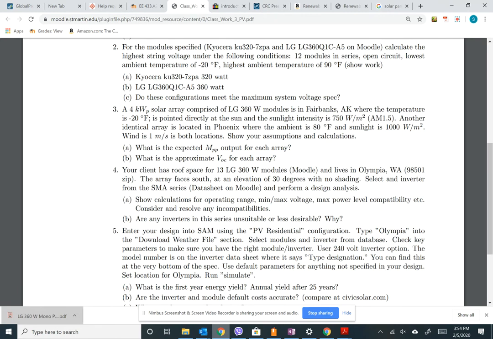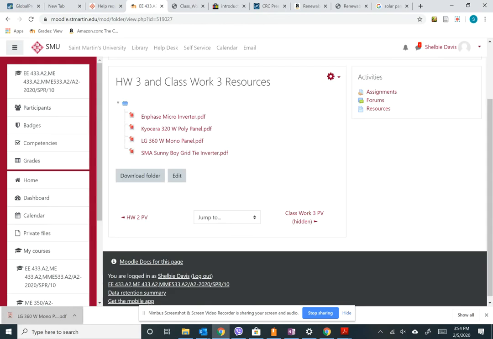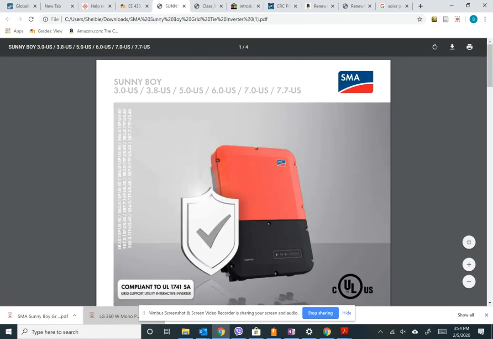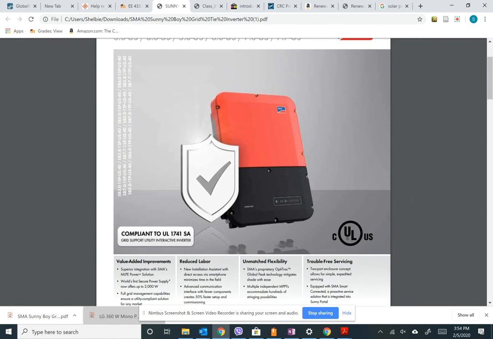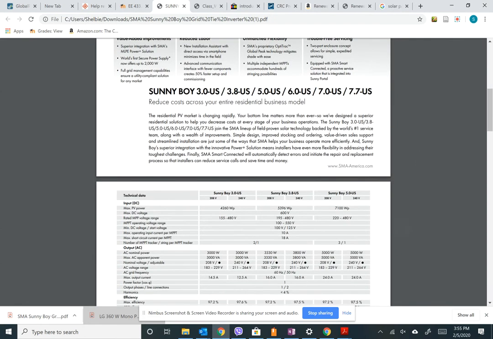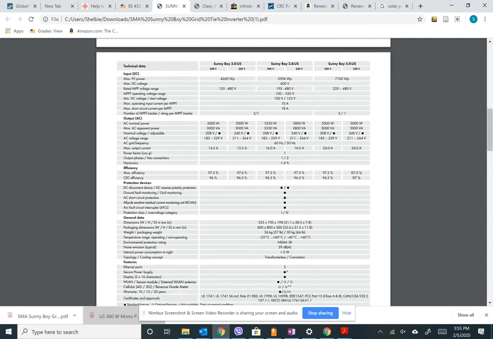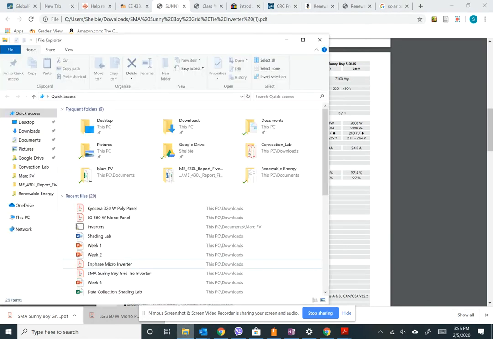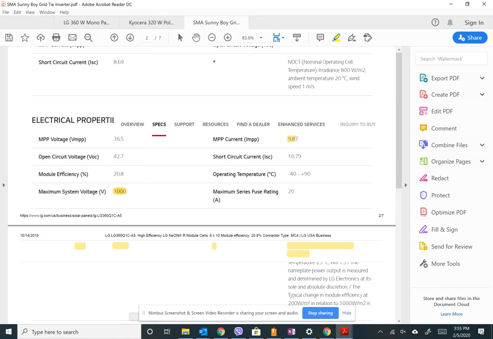Well, first of all, let's take a look at the inverter. So, SMA series is this grid tie inverter right here. So, open that guy up. I don't want to open it up online. I want to open it here. There we go.